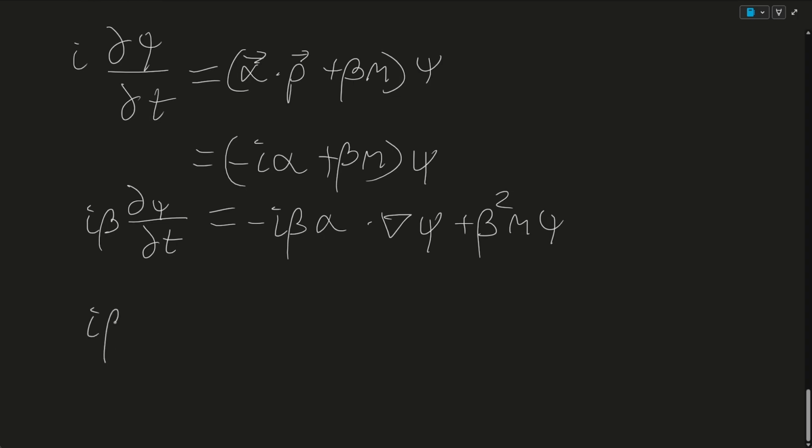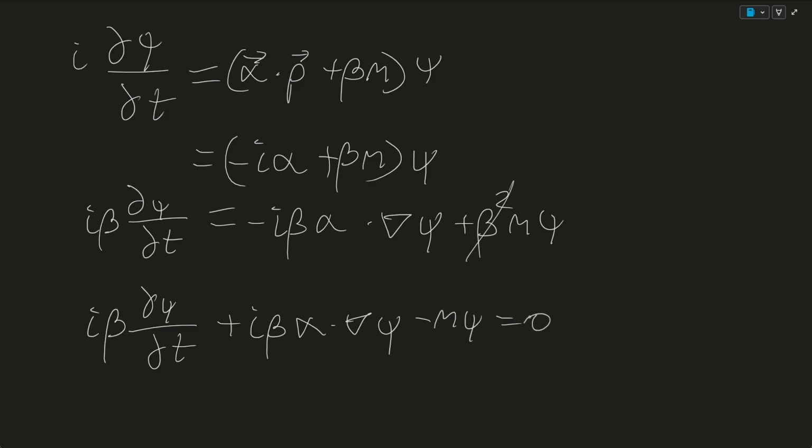So i beta times the change in that with respect to time plus i beta alpha times that, I'm not going to say all the names, minus, because that's just the identity, minus m phi is equal to 0.